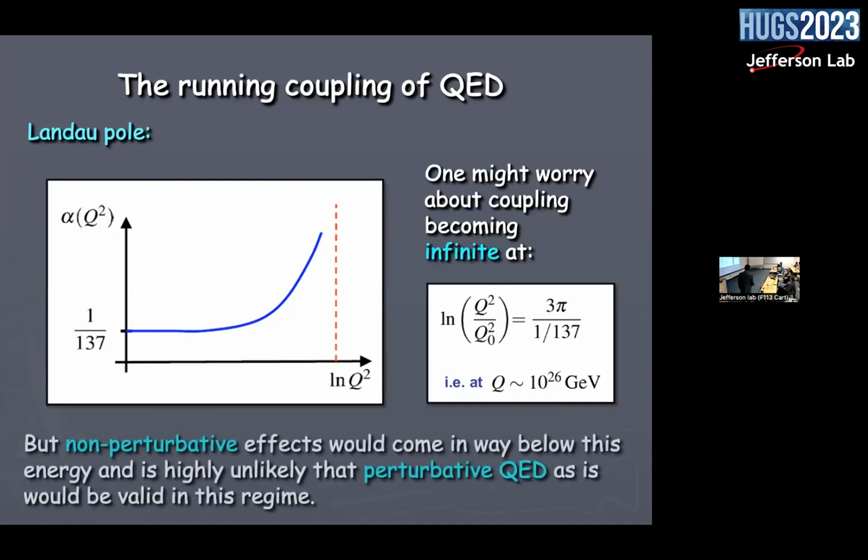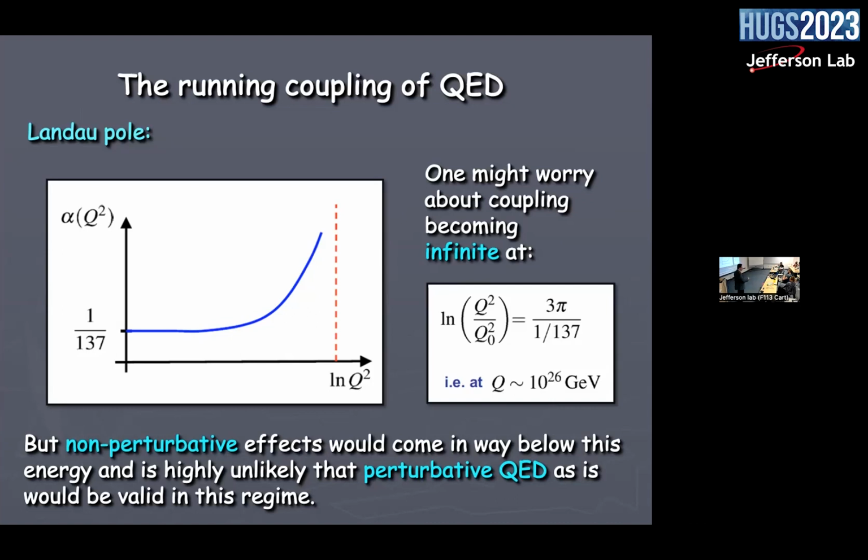So if you use this expression that I've shown to you, at very small Q, you have this 1 over 137 alpha that you have always used in your calculations, and you see that in the experiment. But if you go higher and higher in Q square, it goes larger from the expression that we have calculated.